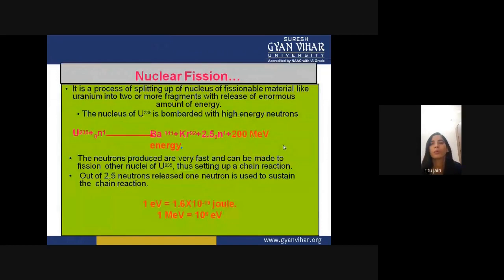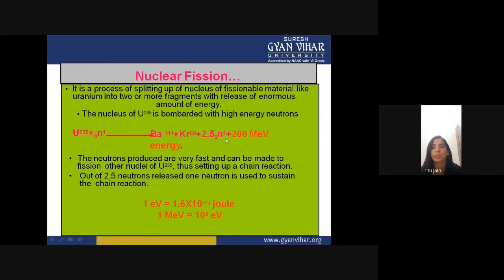So here we can discuss nuclear fission in detail. It is a process of splitting the nucleus of a fissionable material like uranium into two or more fragments with the release of an enormous amount of energy. The nucleus of uranium 235 is bombarded with high energy neutrons, and then it is divided into two parts, Ba141 and Kr92.